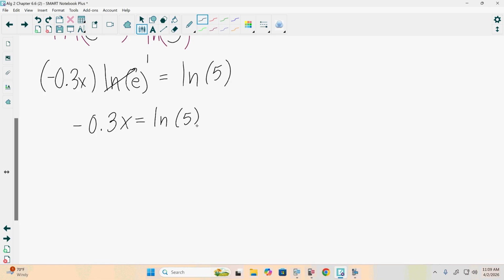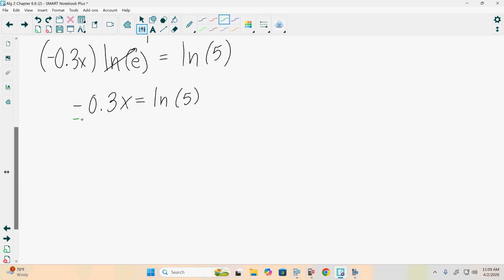Last but not least, what do we need to do to solve for x? Divide both sides by negative 0.3, because our negative 0.3x divided by negative 0.3 is going to be x, just x, and it's equal to the natural log of 5 divided by negative 0.3.